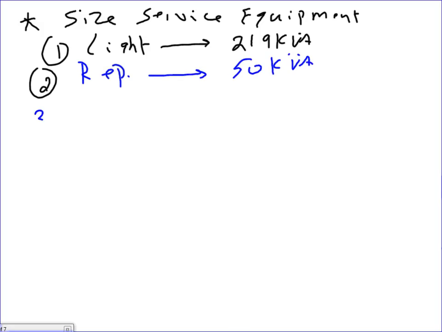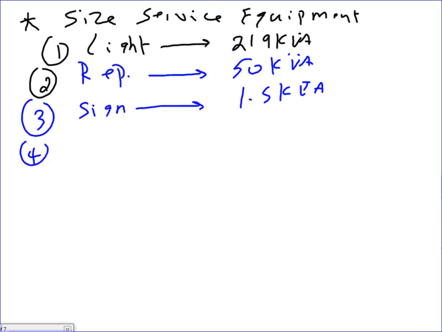I'm just copying what we did, guys. Number 3, signs: 1.5 kVA. Number 4 is heating and cooling.